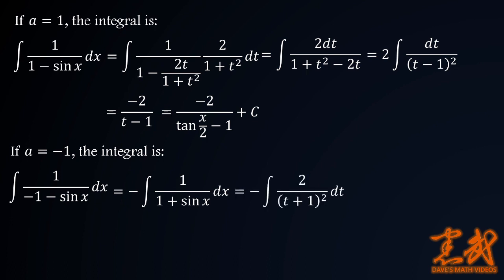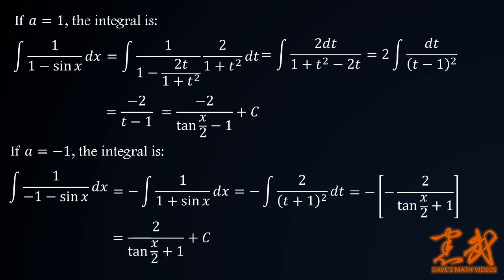Once again, this would simplify to negative 1 times the integral of 2 over the quantity t plus 1 squared with respect to t. And again, we would invoke the power rule, and the final answer would be positive 2 over the tangent of x over 2 plus 1, plus the constant of integration.